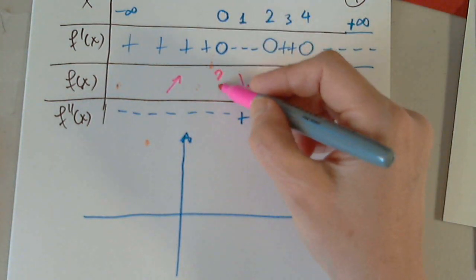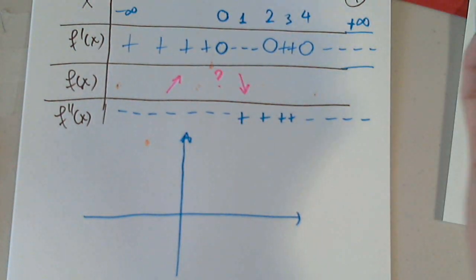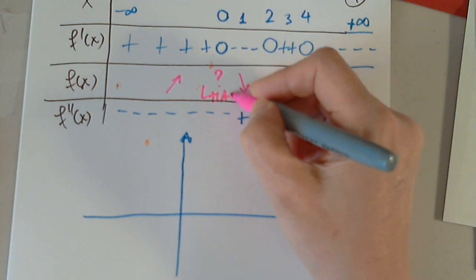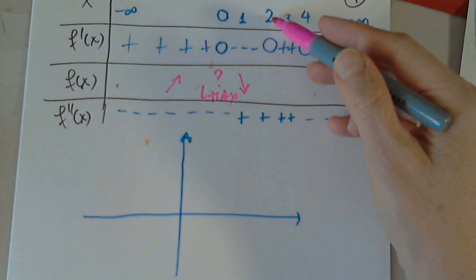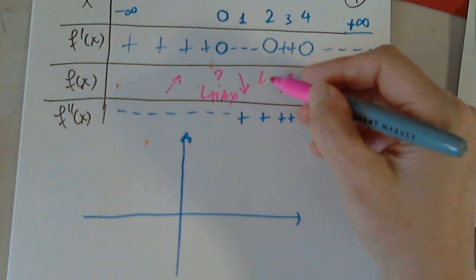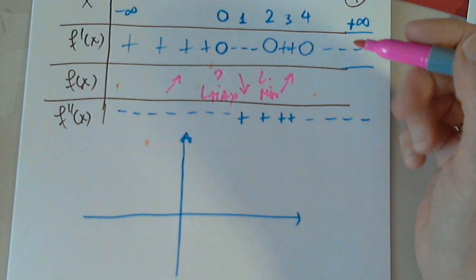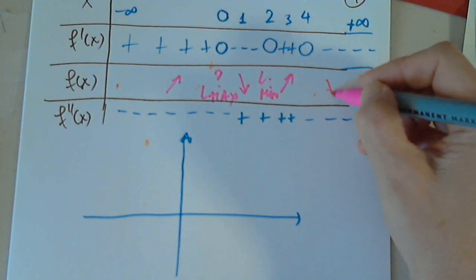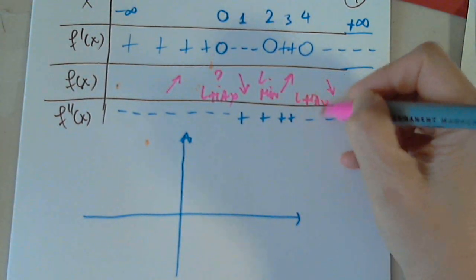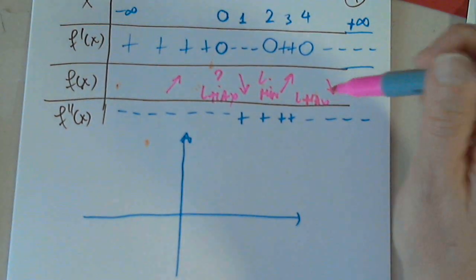So whatever you want to put in here doesn't matter. It has to be a local max. Then this one has to be a local min, whatever you decide. That's the y value. It doesn't matter. Increasing and then decreasing, so this is a local max again. Local max, local min, local max.